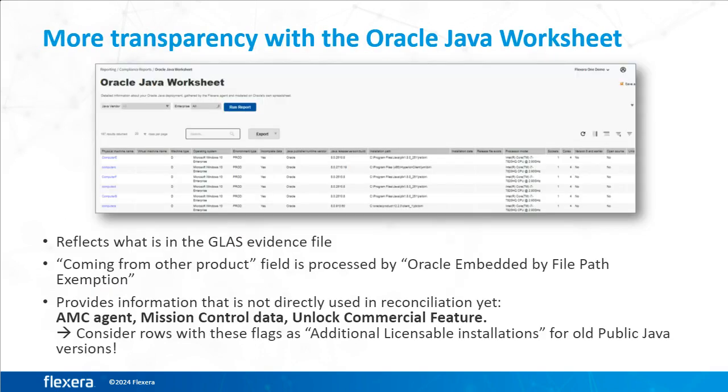Here's the Oracle Java worksheet, right? Same columns available. It reflects what's in the file evidence. I think this was one of the questions. The coming from other product field is the embedded Java. So it's listed here, coming from other product, and we have the exclusion by file path.